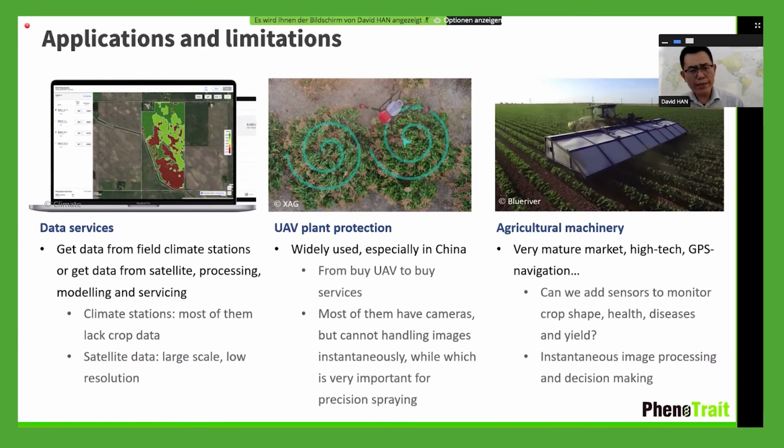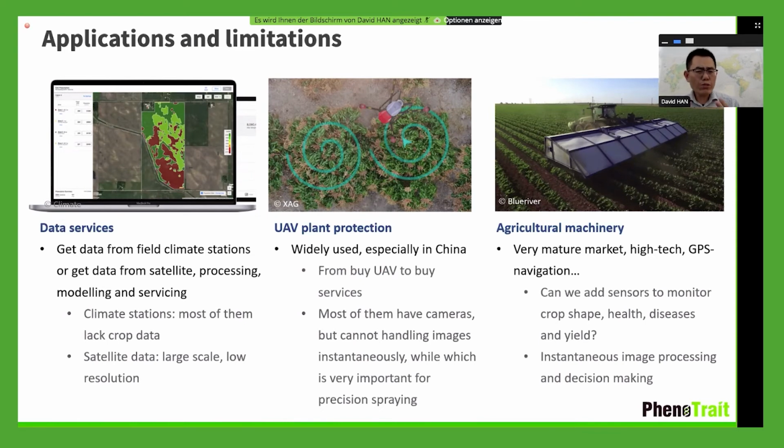Another example is UAV plant protection. There are so many drones used widely in the world, especially in China. In the past, the big farmers purchased drones. Nowadays, they buy services.